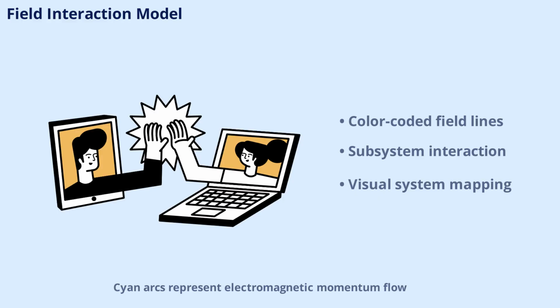Cyan arcs represent electromagnetic momentum flow, white rings show acoustic pressure nodes, gold loops indicate energy circulation, green rays mark sensor scanning, blue dashed curves highlight inertial shear gradients, and purple traces reveal coupling pathways. These visual cues help explain how the craft's subsystems interlock to create a responsive, adaptive platform.